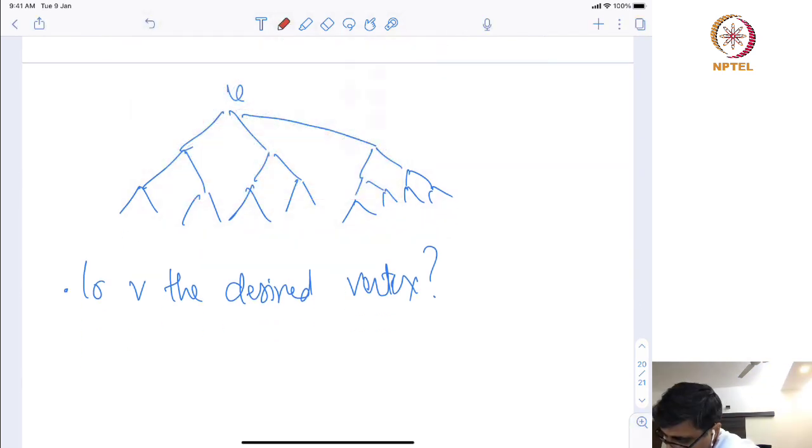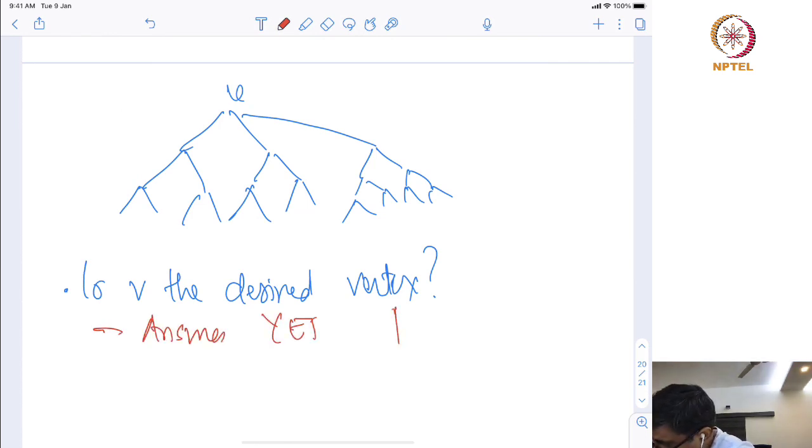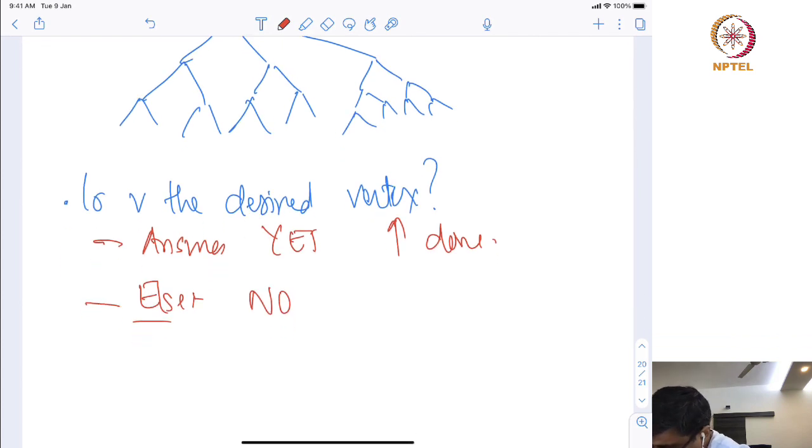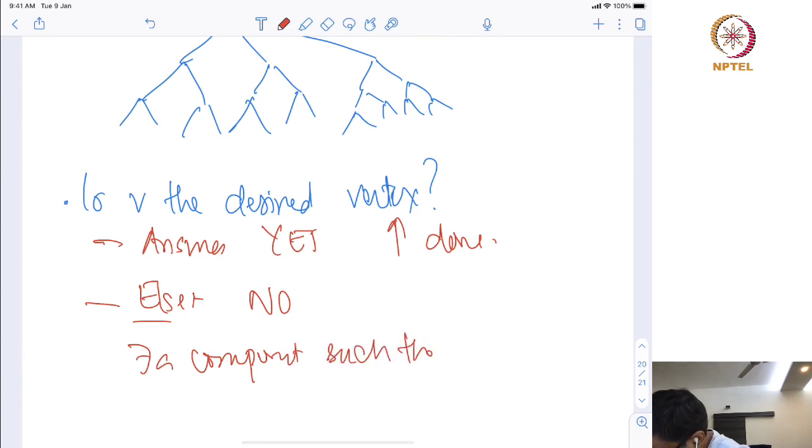Answer could be yes, then we are done. Else, no. It means there exists a component such that the weight of that component is strictly greater than the weight of the vertex set of T divided by 2.